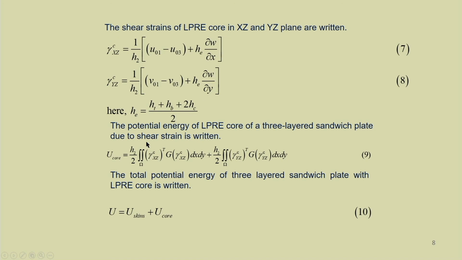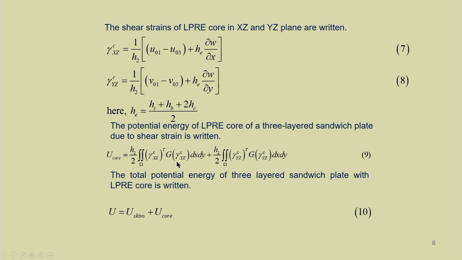So, now the total potential energy of the LPRE core for the 3 layered sandwich plate due to shear strain is written in this form. For the direct stress we have written it in terms of epsilon, epsilon transpose E into epsilon.